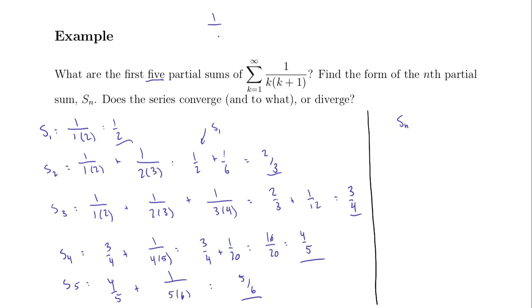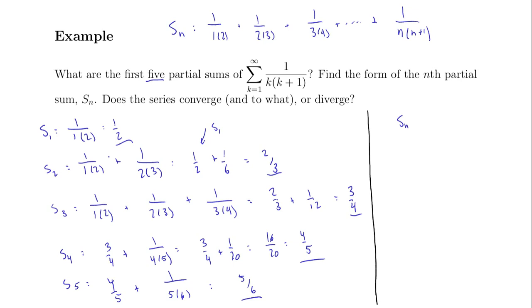All the 1 over 1 times 2 plus, because this is really what S sub n is, 1 over 2 times 3 plus 1 over 3 times 4 plus forever and ever, or maybe not forever, but up until we get to 1 over n times n plus 1, and then we stop. But if I don't know what n is, then I don't know what all the terms are. But I can see what the pattern is, right?